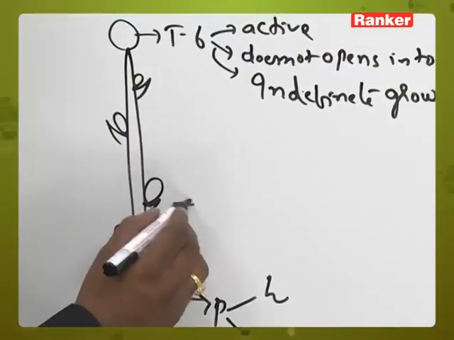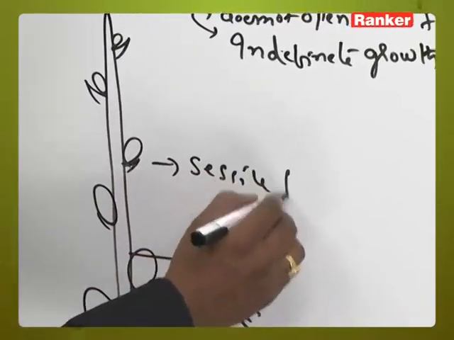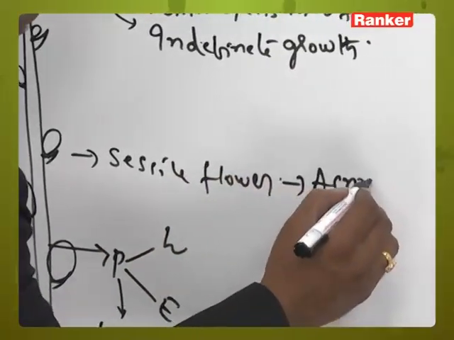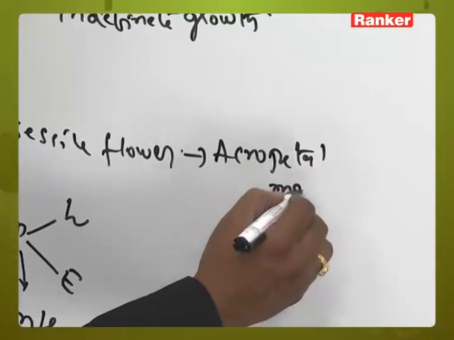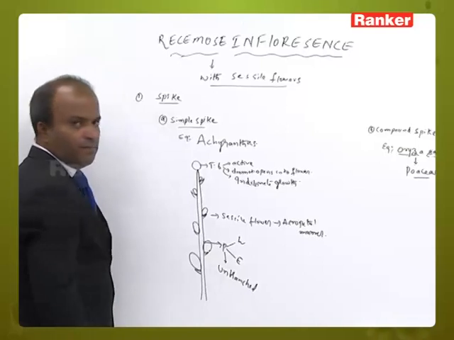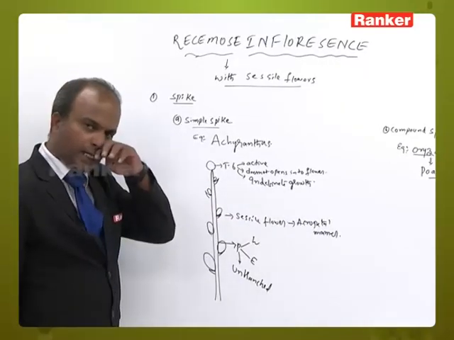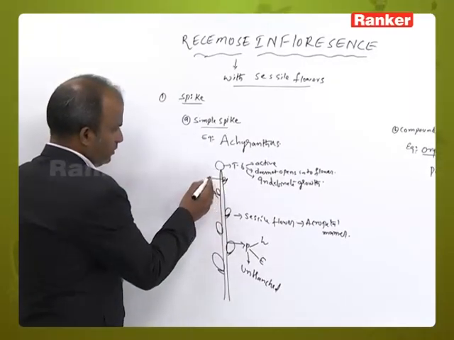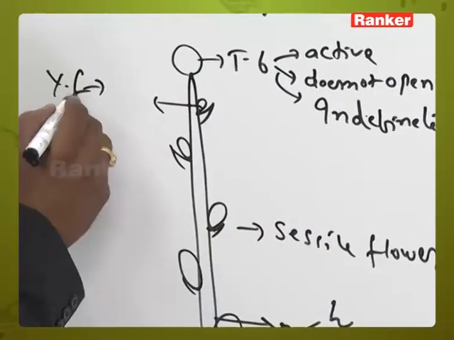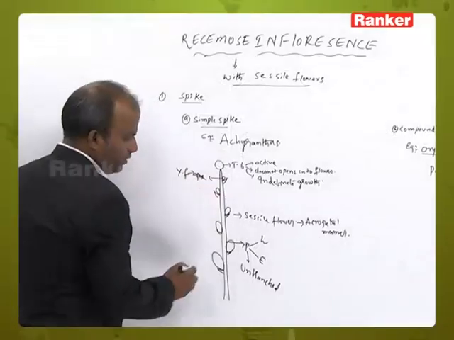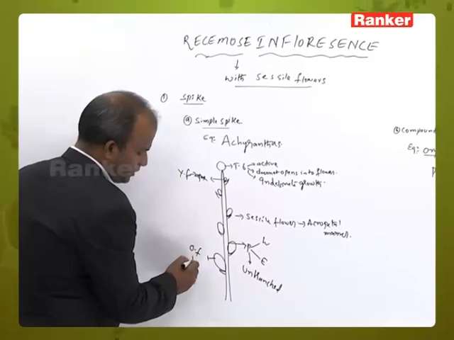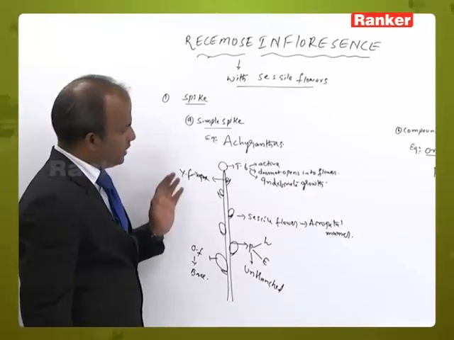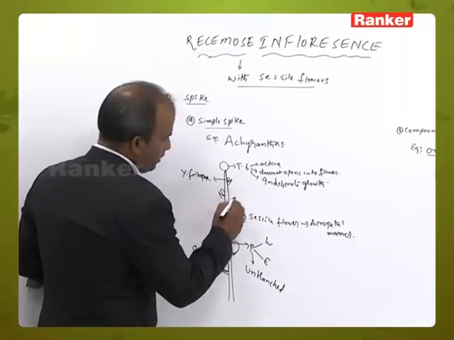In acropetal manner. What is meant by acropetal arrangement? Younger flowers are present towards the apex of the peduncle, whereas older flowers are present towards the base of the peduncle. So this type of arrangement is nothing but acropetal arrangement.